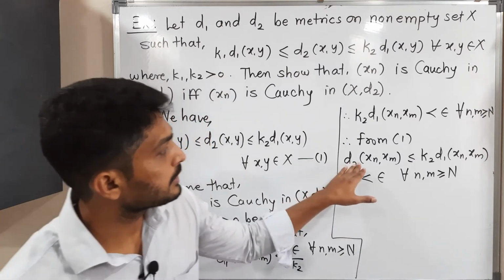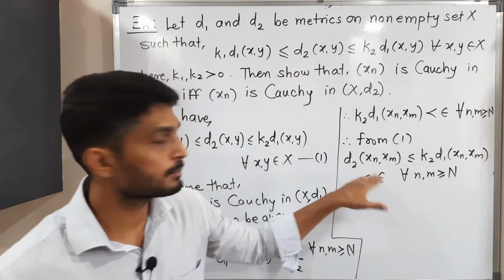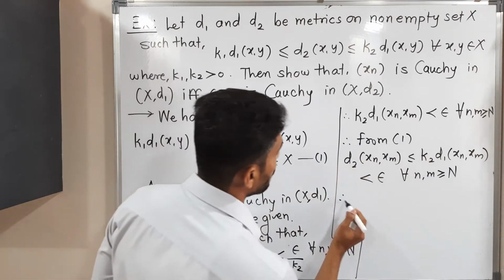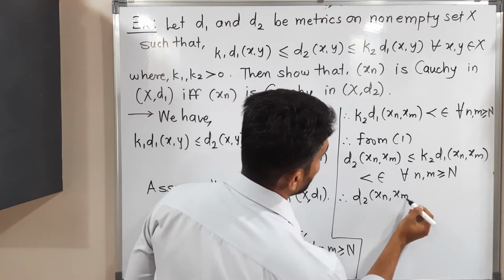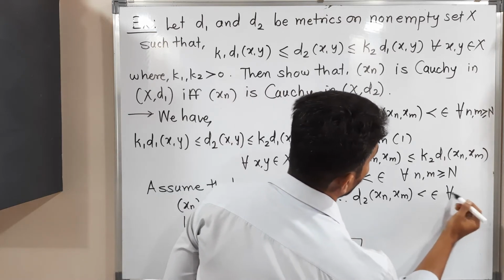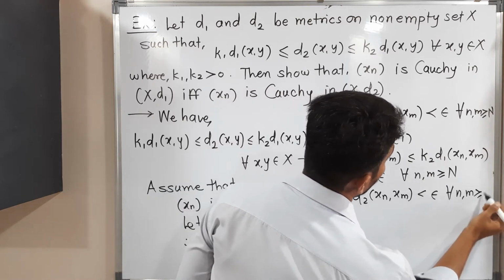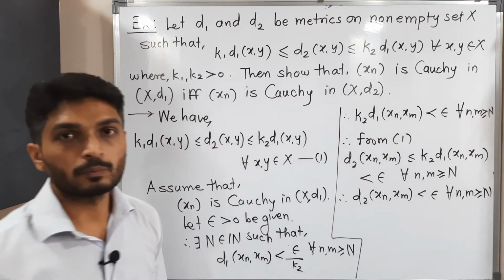So here also, this one is less than this one, which is less than epsilon. So we can directly write, therefore D2 of Xn, Xm less than epsilon for all n, m greater than or equal to capital N.